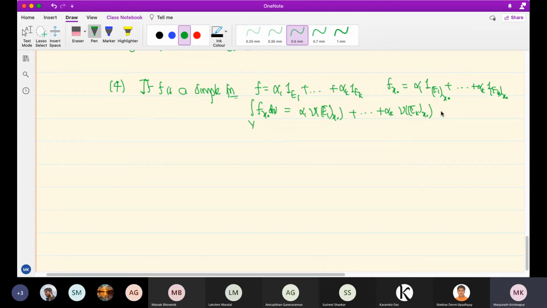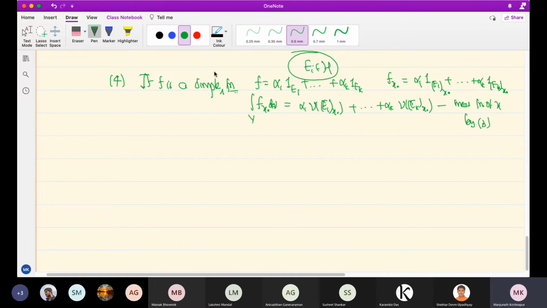So this is a measurable function of x, by 3. Of course, each of the Eis are in H. That's what it means for f to be a simple measurable function. Okay, so this is true. So for simple functions, it is true.